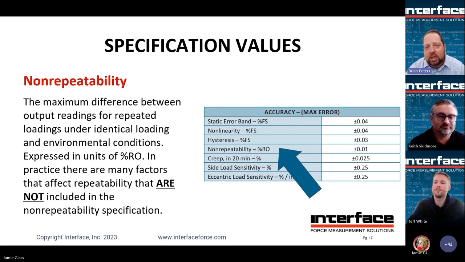So you can imagine in the real world, you can't take this specification and assume that the sensor is going to be repeatable from test to test based on this specification. So this is a specification for stability. In particular, this is something that you're really looking for from a calibration grade load cell as well. So your reference standard, you want to have really good non-repeatability so that that sensor hits the same points every time, right? Next slide.